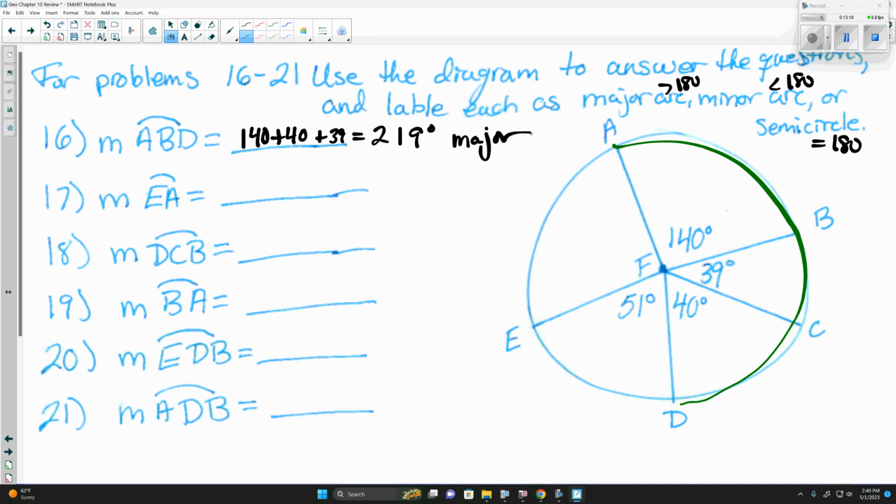There's a point for the angle, a point for labeling it, and a point for doing it. So I would include that. Questions on these, 16 through 21? We good with 16 through 21?